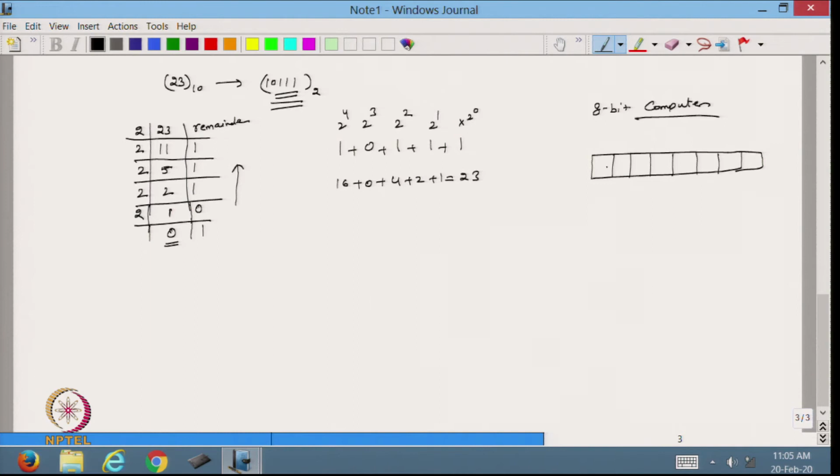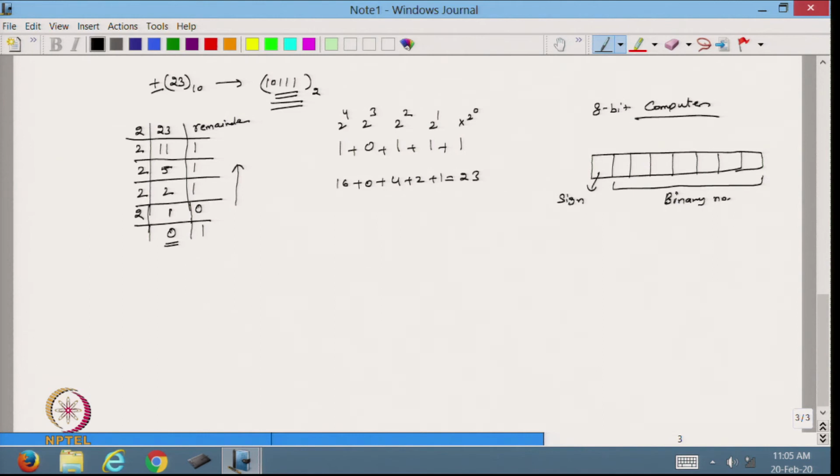So in this case, the first bit I will generally use for the sign, that is, whether this number is positive or negative. So that is the sign, and the remaining part will be for the binary number.